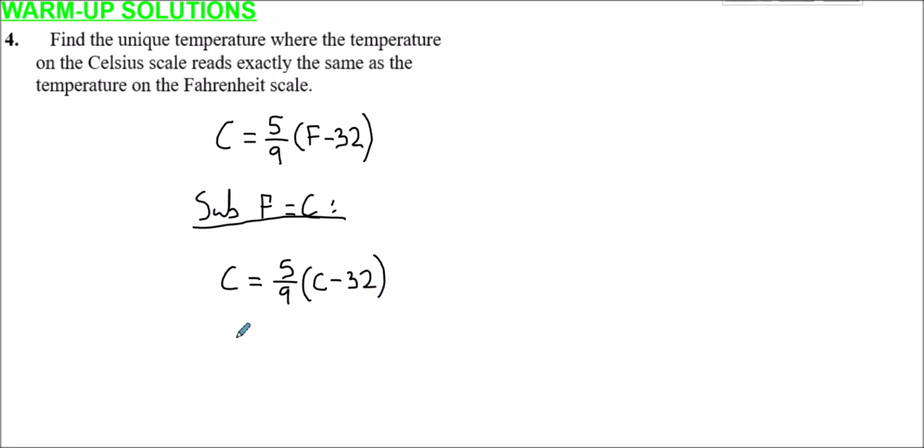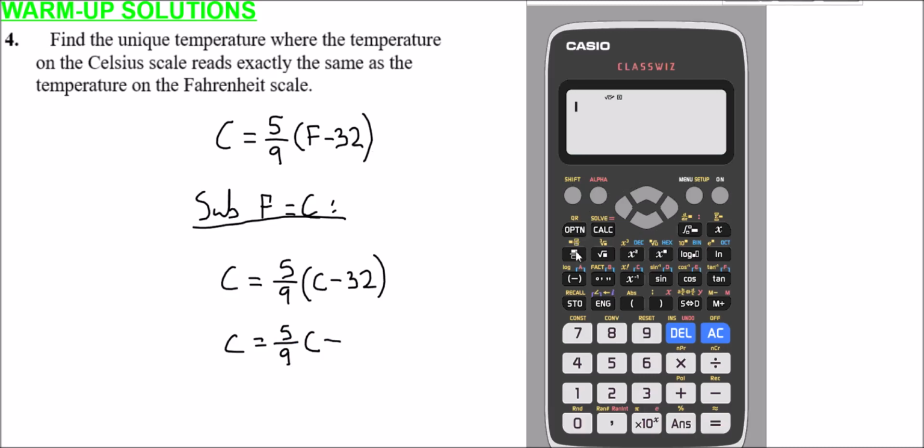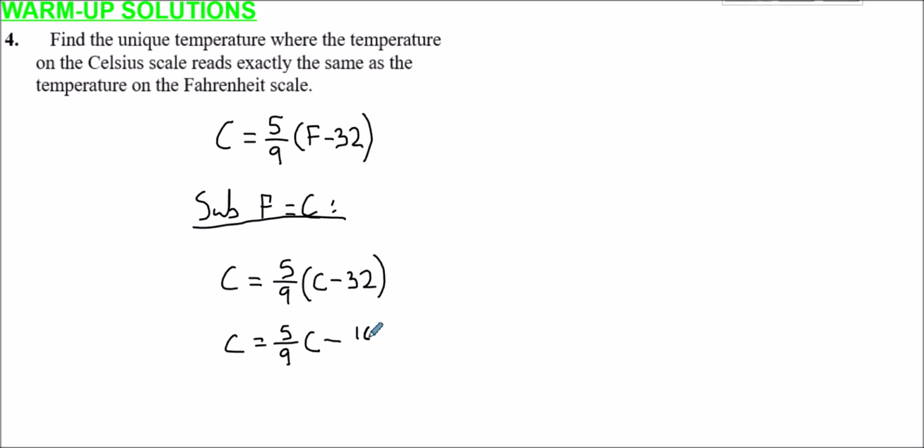If we expand this out, we get c equals 5/9 c minus 5/9 of 32. So let's work out what 5/9 of 32 is. 5/9 times 32 is 160/9. Let's just leave it as 160/9.